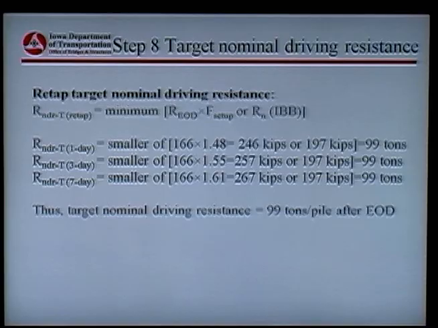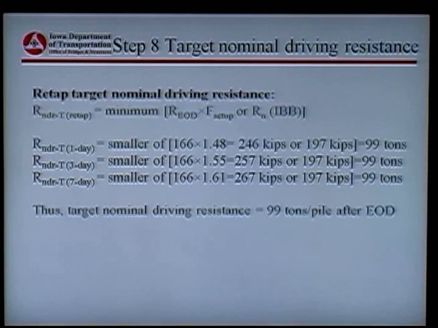So now at 1 day, notice that we would take the end of drive, the 83 tons, which is just shown as 166 kips, and we have that phi setup in here, and we have the different ones for the different points. Notice that 166 times 1.48 is 246.